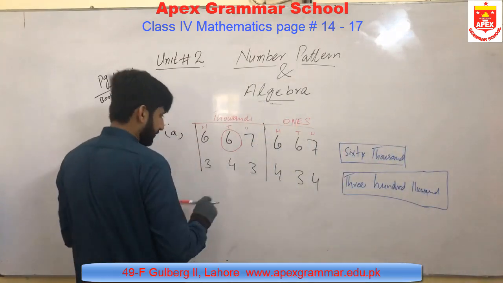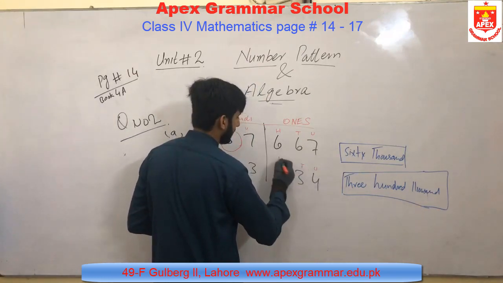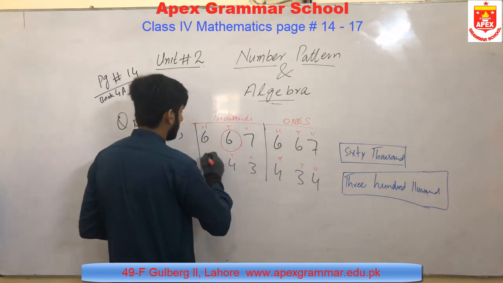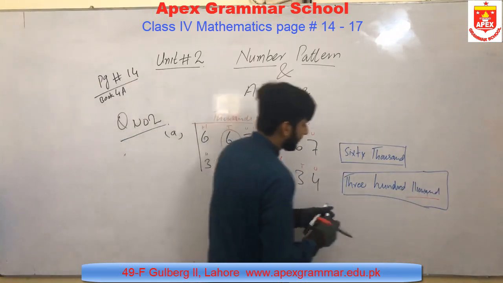Once again, mark in the positions. This is one side, this is thousand side. Unit, 10, 100, unit, 10, 100. 300,000. Once again, this is on thousand side.